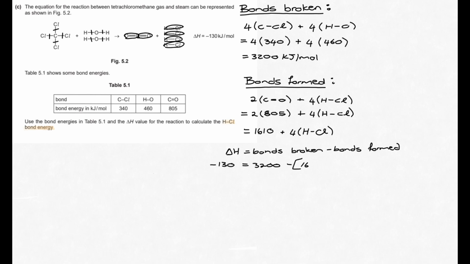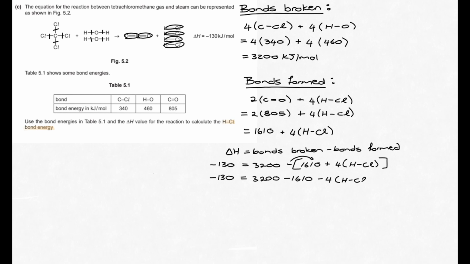So that would be minus (1,610 plus 4 hydrogen chloride bonds). Now I like to put this in brackets because then I know to multiply in my negative, which would give me negative 130 equals 3,200 minus 1,610 minus my 4 hydrogen chloride bonds.